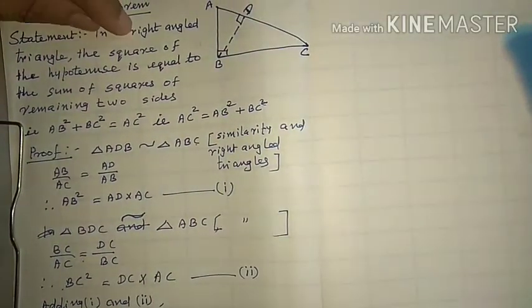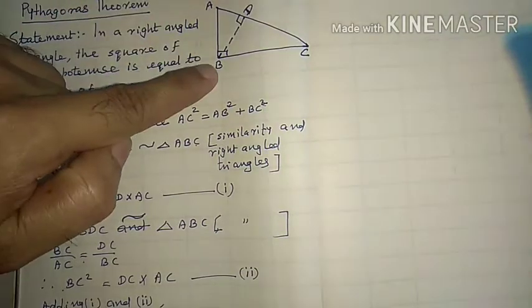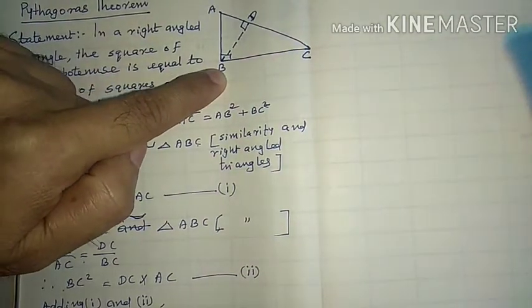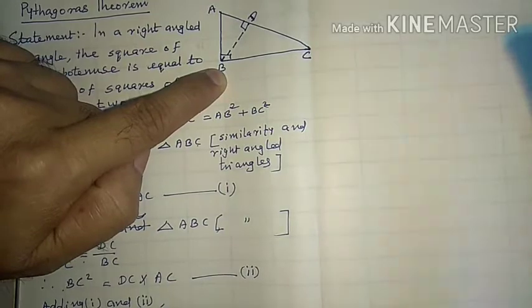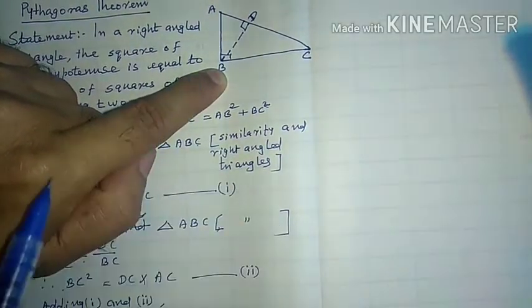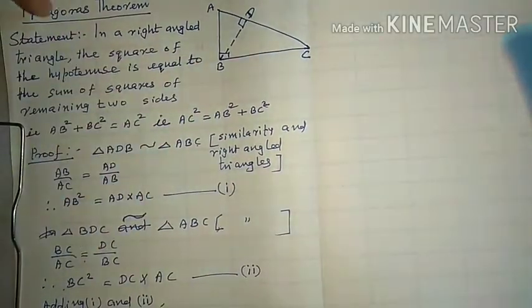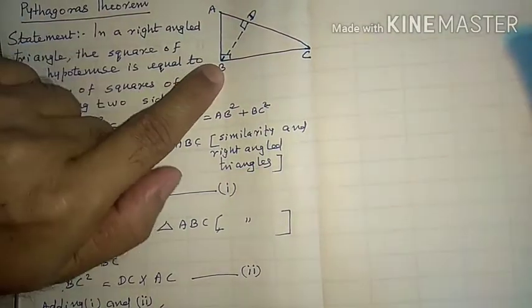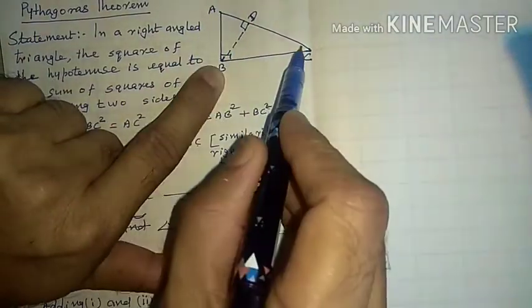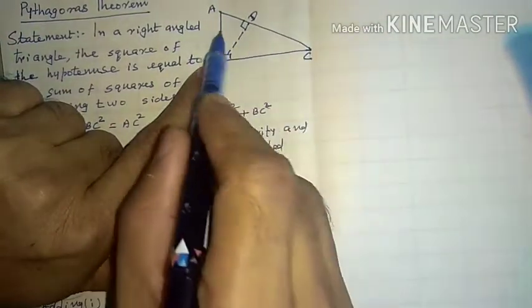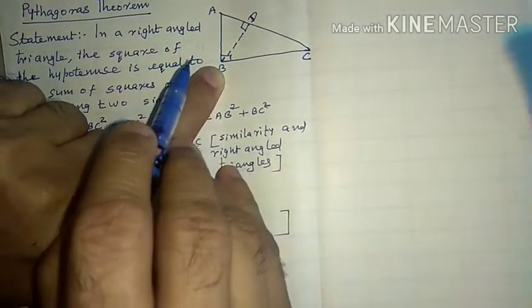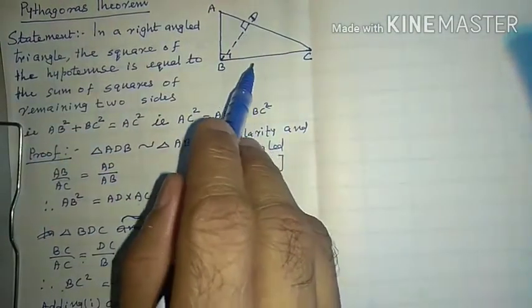In Pythagoras theorem, given a right angled triangle, whereas in the converse we are proving that the angle is a right angle. In Pythagoras theorem, in a right angled triangle, the square of the hypotenuse is equal to the sum of the squares of the other two sides. In the converse, what is given?